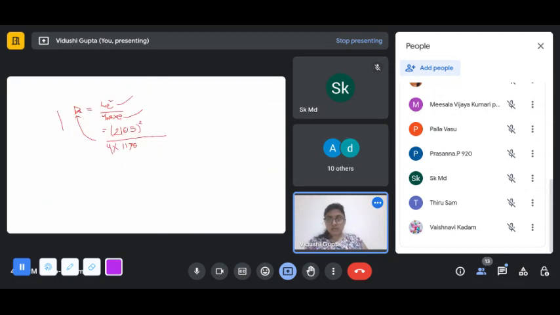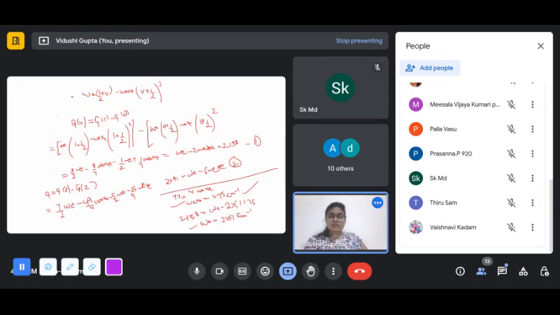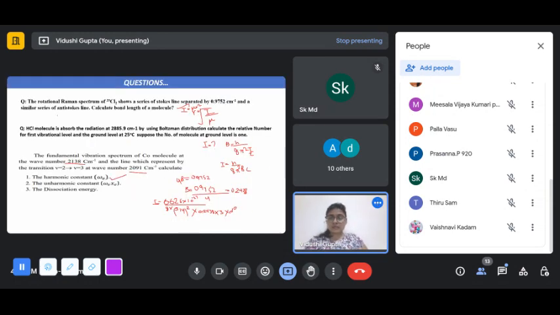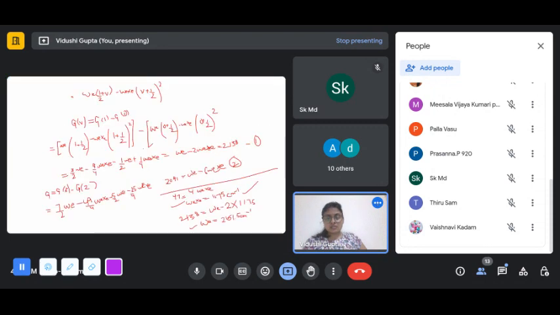Just remember this formula. Is it clear? Is it clear how to calculate the harmonic constant, anharmonic constant, and dissociation energy?